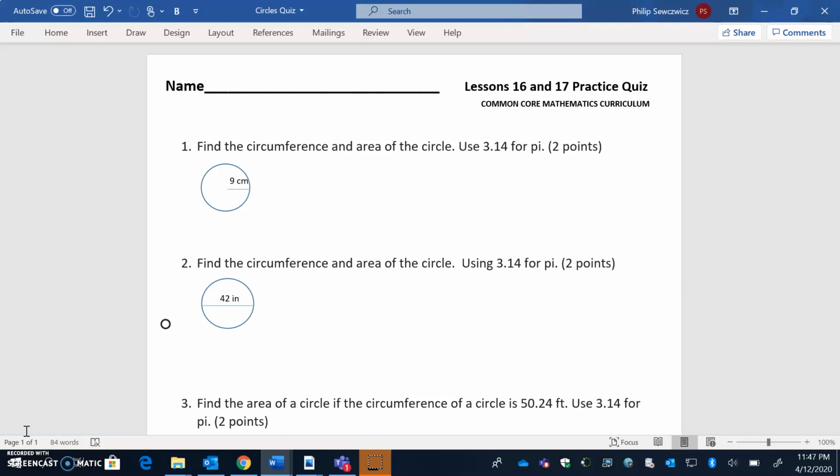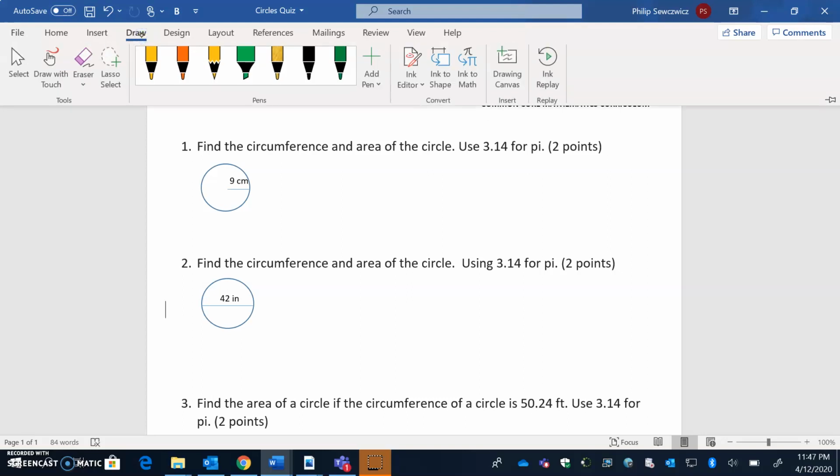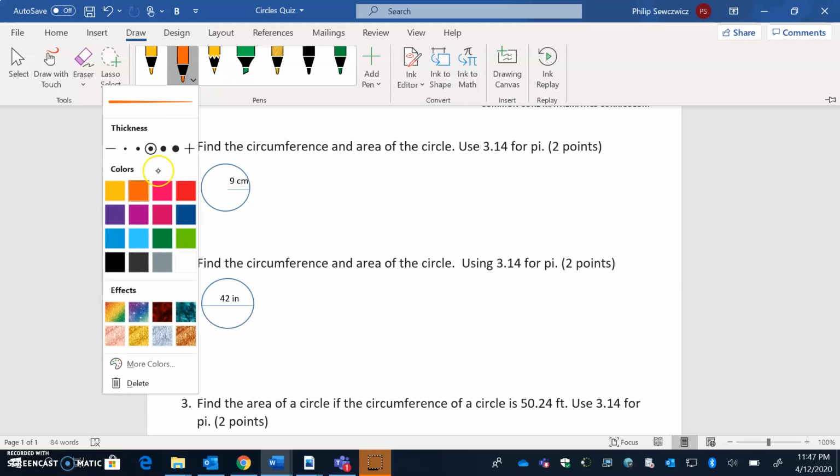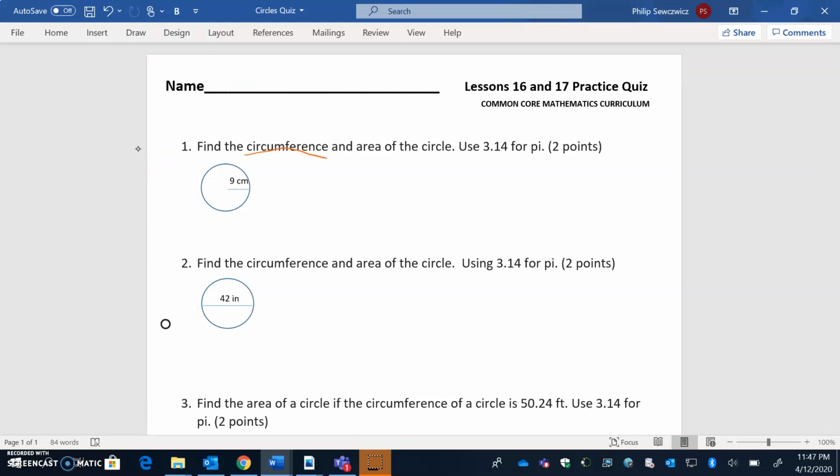All right, so the question here is asking us for circumference. Oh, wait, it's asking for more than circumference. It's asking for the area as well. So what I do want to realize is I've got different formulas. Because they want circumference first, circumference is pi times diameter.